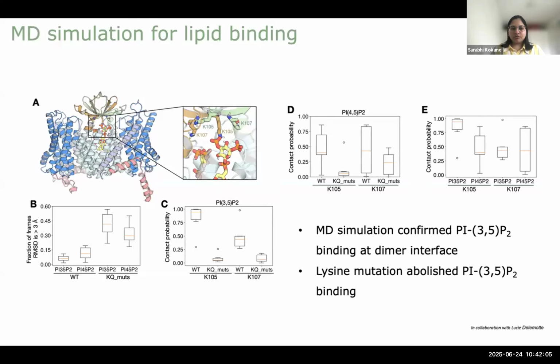We could see that lysine 105 was directly interacting, and when we mutated those lysines, there was no contact interaction between these residues. Then we also measured in the presence of 4,5P2, and it clearly showed that this protein preferred PI(3,5)P2 based on the contact probability. So it was very clear that this is the lipid which binds to this protein.